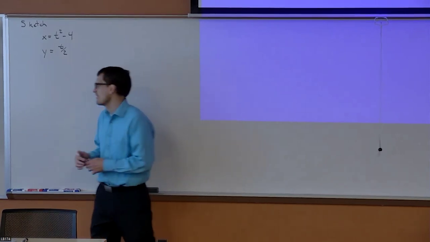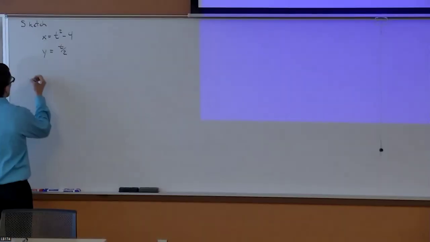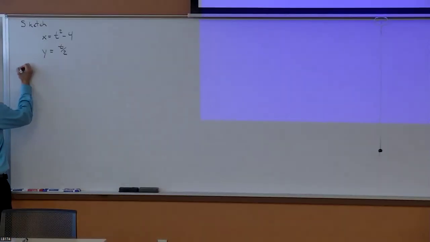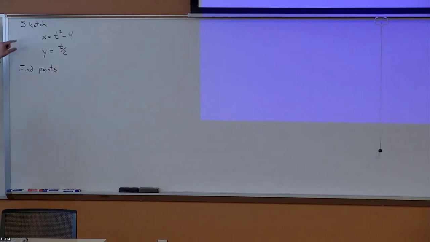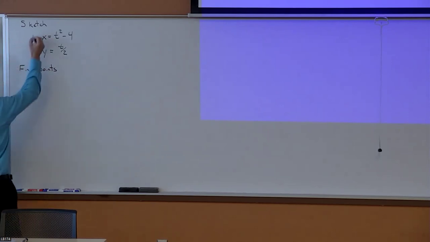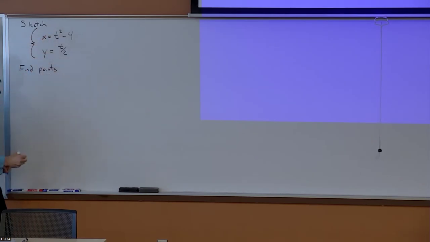So we often call this the table method or the find points method. Oh, let me take it one step back. Here I'm saying sketch x equals this, y equals this. You'll oftentimes see these notationally with a set bracket there so that you can see that they're a pair, right?